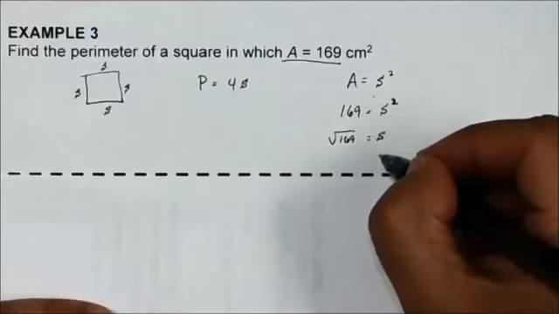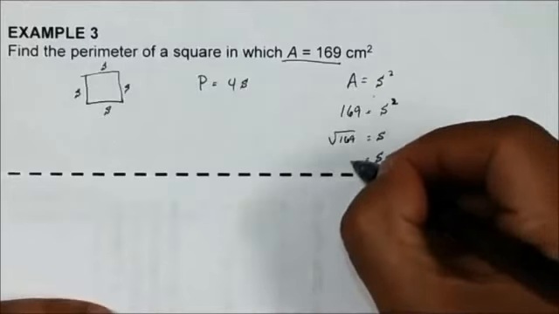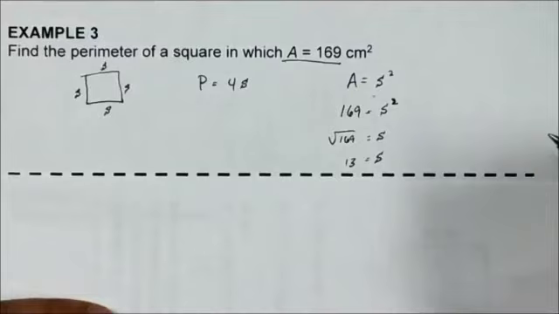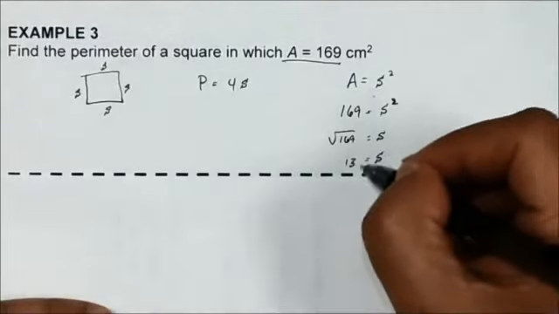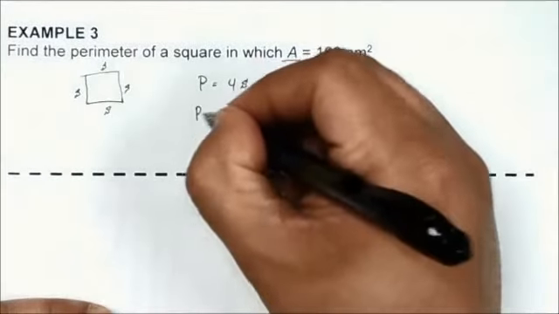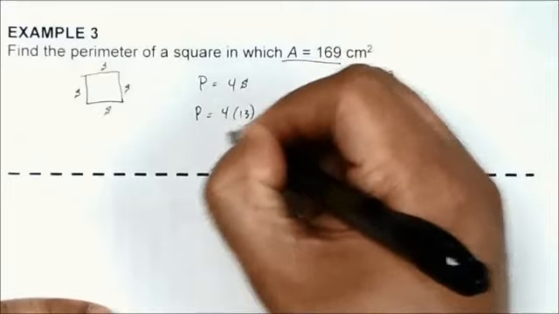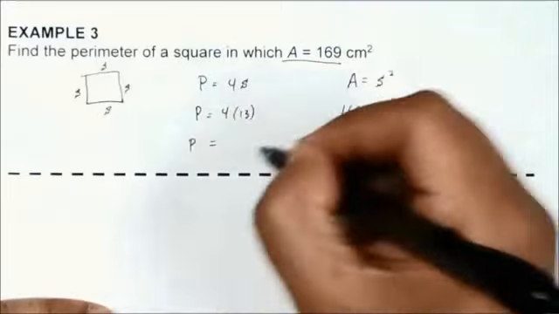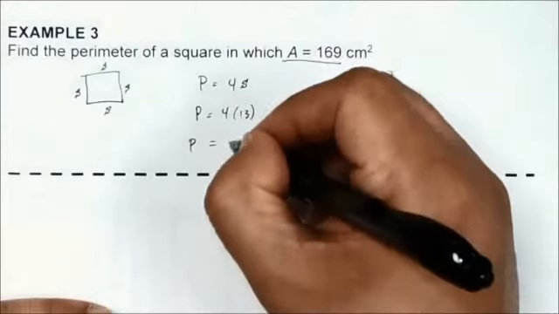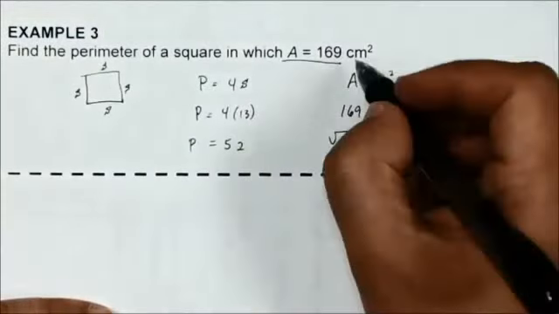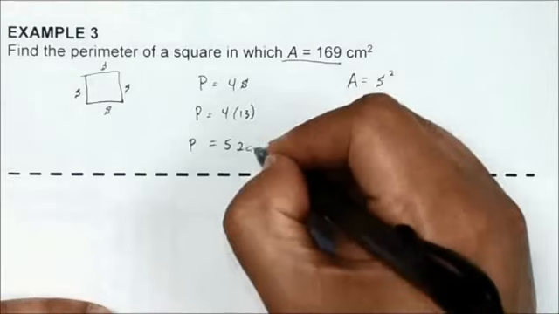So that means the side is equal to 13. Okay, now that I know my s is 13, the perimeter is going to be equal to 4 times 13, which is going to be 52, and then centimeters is my unit.